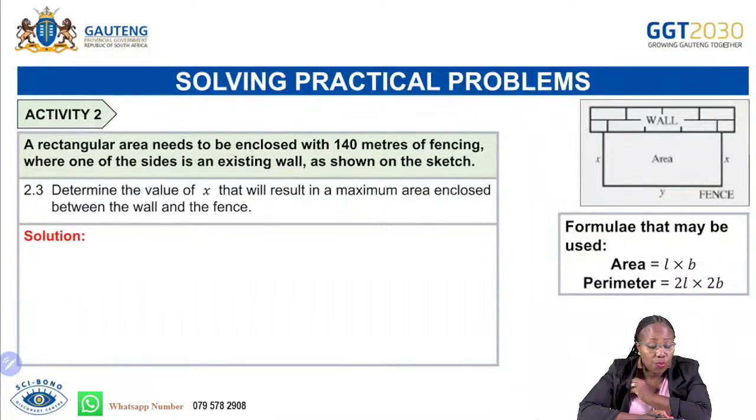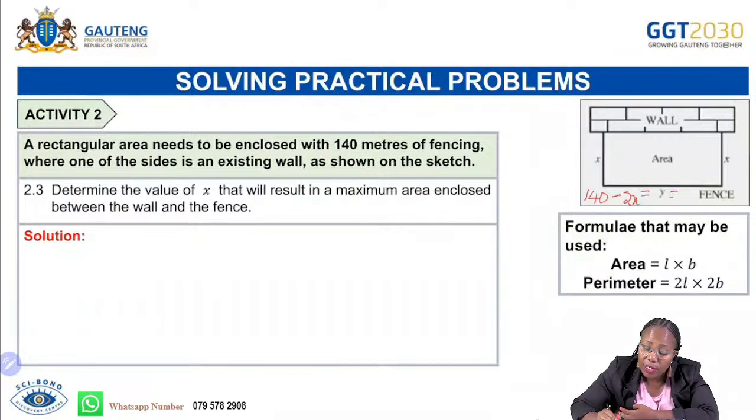And then with the 2.3, they say a rectangular area, we are still using the same given data. We still have that y side, which is equal to 140 minus 2x, which is our length, and the breadth is equal to x.